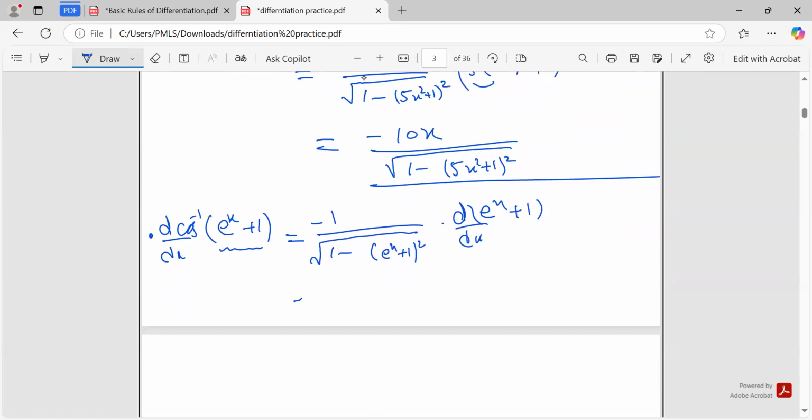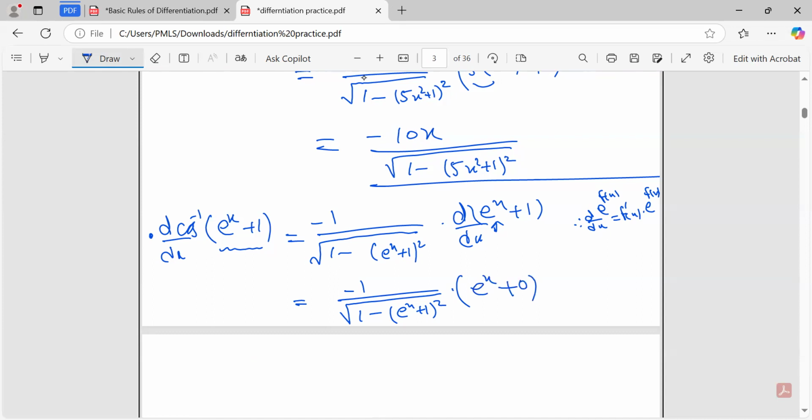In this case, what will be the answer? Minus 1 over square root of 1 minus (e^x plus 1) whole squared times the derivative of the exponential function. We know that for e raised to the power f of x, the derivative is the derivative of f of x times e raised to the power f of x. So the derivative of e raised to the power x is e raised to the power x, and the derivative of the constant is 0. So the final answer will be minus e raised to the power x over square root of 1 minus (e^x plus 1) whole squared.